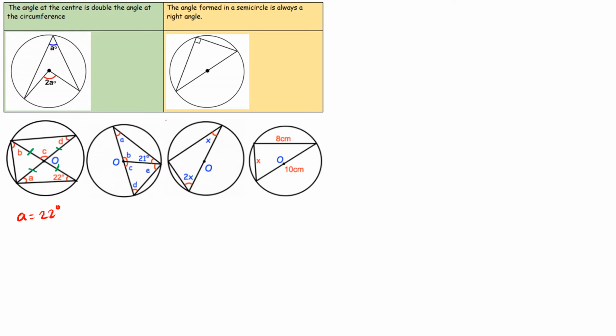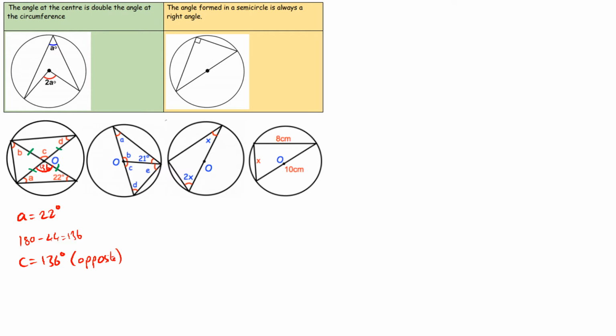We can then find the missing angle here by taking away 180, take away 2 lots of 22s, take away 44 is 136. We can find 136 angle at the center, and we can say that C is 136 as well. Reason for that is it's what we call an opposite angle. Those are on opposite sides from each other.